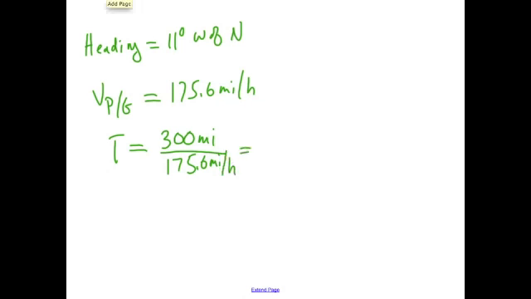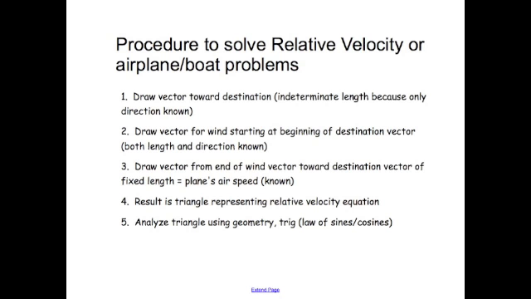So that is the division we want to do. We do not want to use the 150. Notice what happened here is the wind actually sped us up a little bit, because the wind was a little bit coming from behind us. So rather than 2 hours, we're traveling a little bit faster. We're going to get there in 1.71 hours.